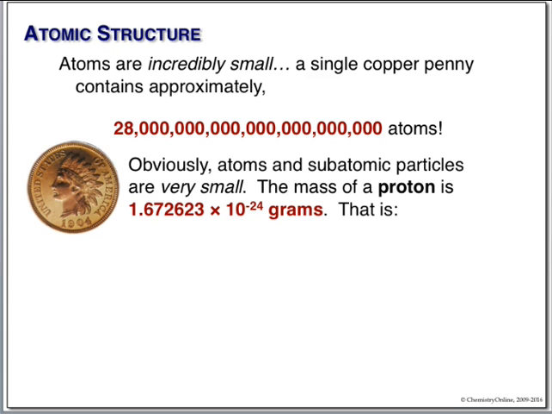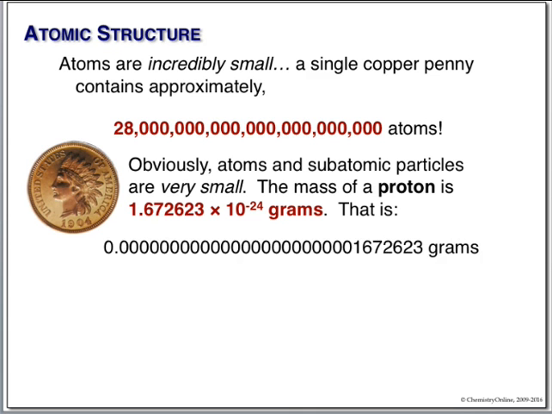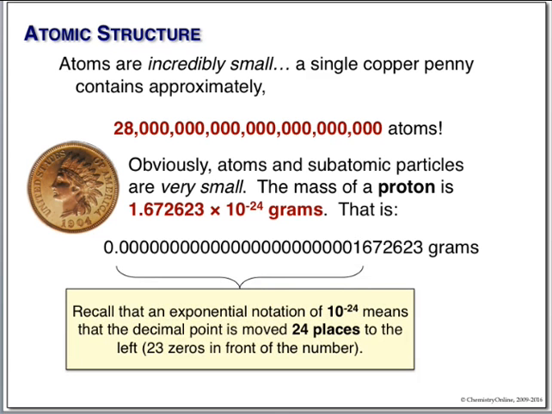It's a very, very, very small number. This is 10 to the minus 24 grams. Now, we talked about scientific notation. Remember that 10 to the minus 24 looks like this, with 23 zeros in front. Move our decimal point right in there. That's the mass of a single proton.